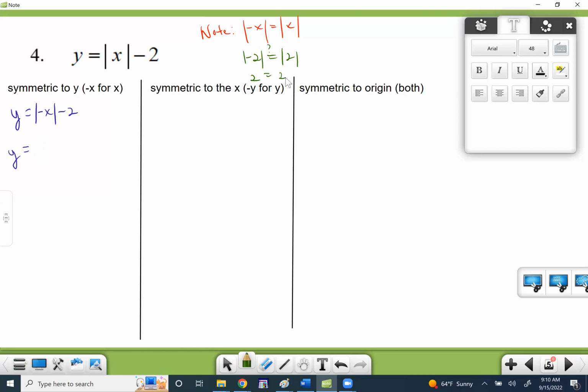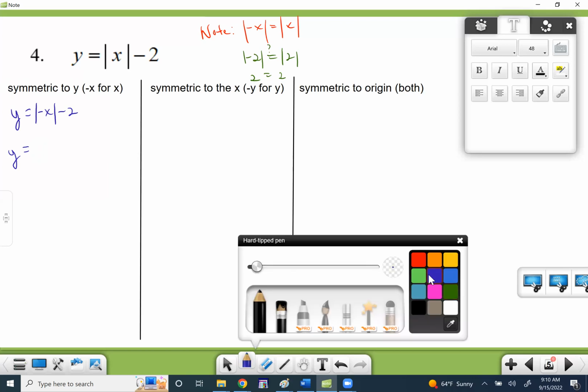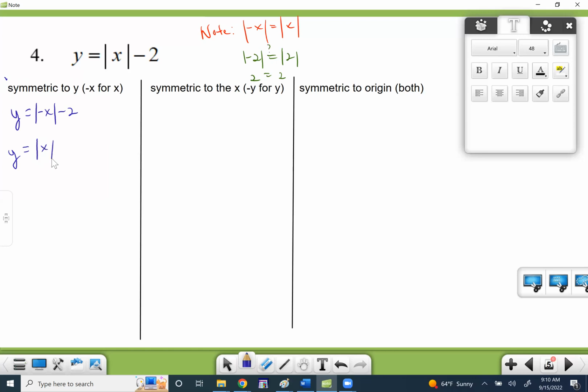All right, so that is what we're gonna use. We're gonna use that little fact to rewrite the absolute value of -x as the absolute value of +x. And it's important to remember the goal here, right? The goal is to try to see if this thing matches the original. That's always our goal. Okay, and so it looks like indeed it does. But we're getting a lot of symmetric to the y's today, huh?